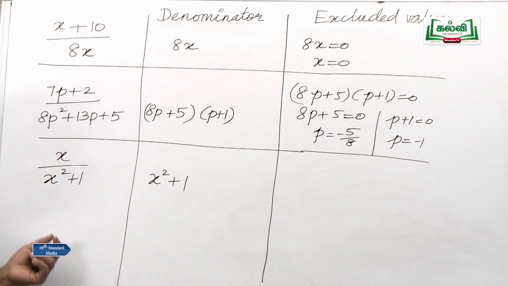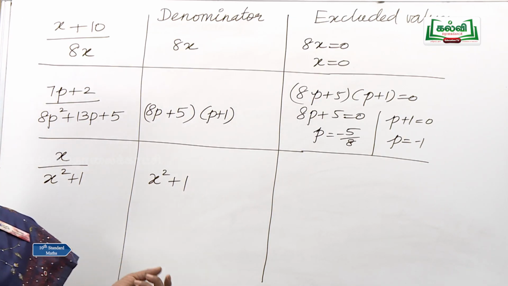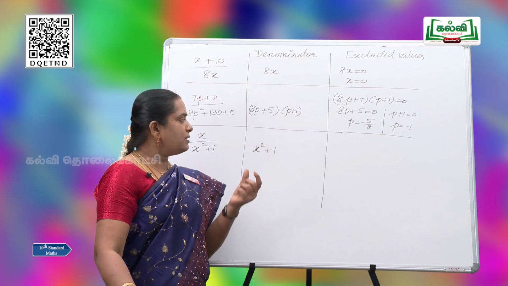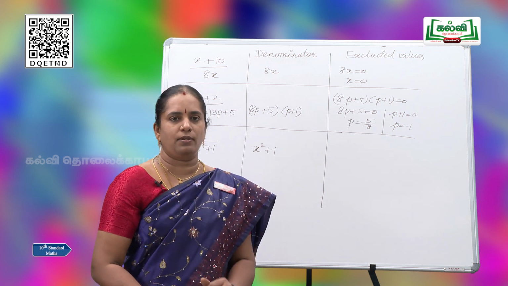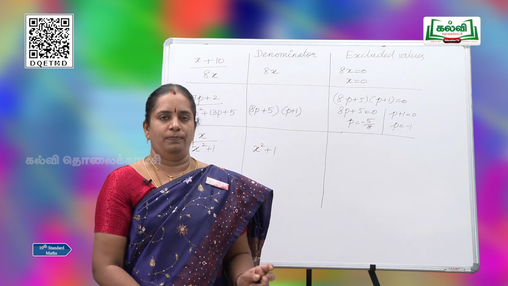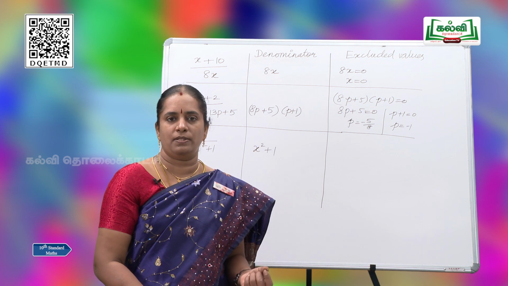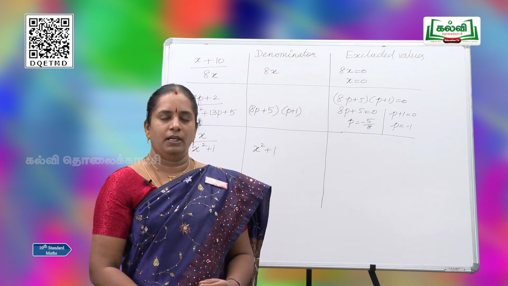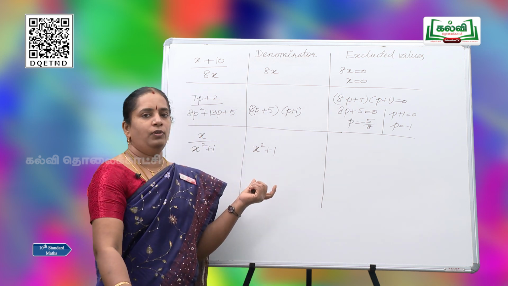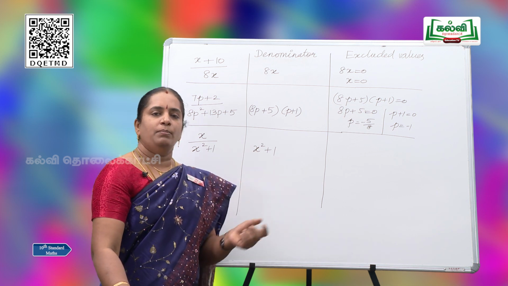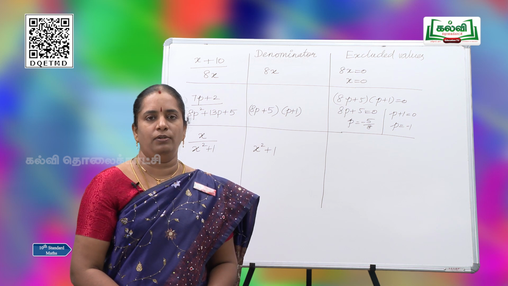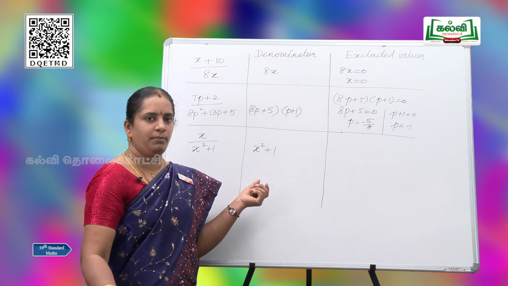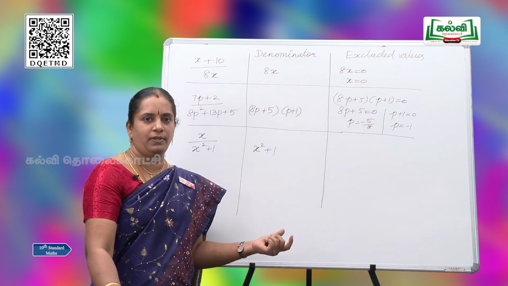See this, here the numerator is x and the denominator is x square plus 1. So, look at the denominator, x square plus 1. Can you factorize x square plus 1? No, we cannot factorize x square plus 1 in real numbers. Do not confuse it with x square minus 1, this is x square plus 1.